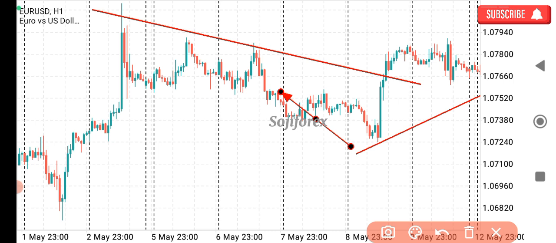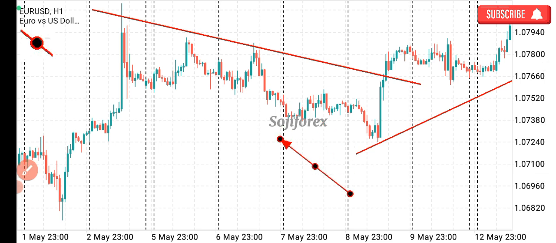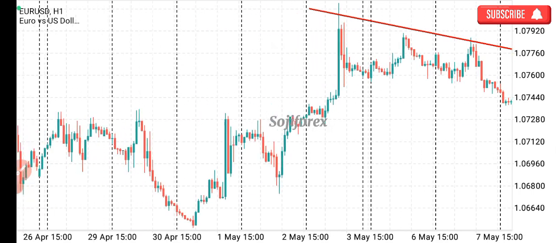We make our entry on the third touch. This is touch 1, and on touch 3 we have our entry. And if we now have a fourth, we keep making our entries in that manner. Otherwise, this is our first touch, second touch, our entry, and you see how it plays out beautifully.